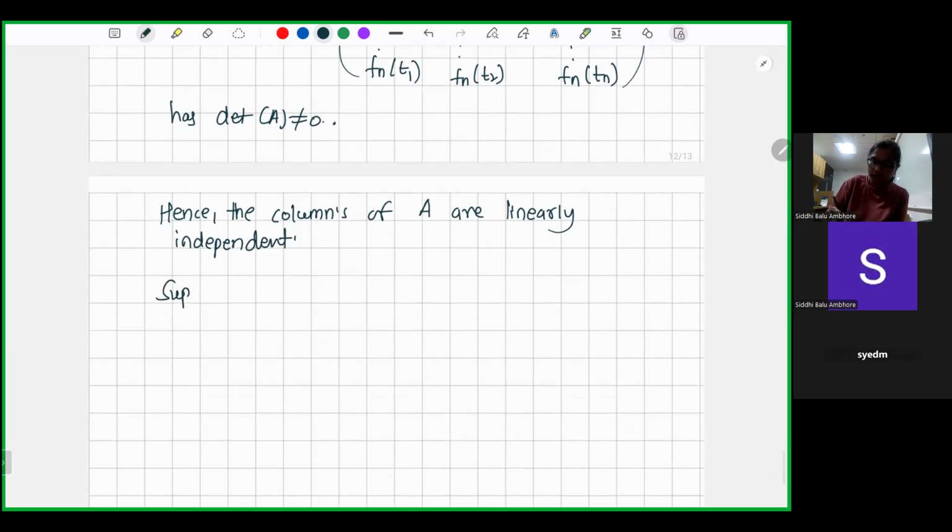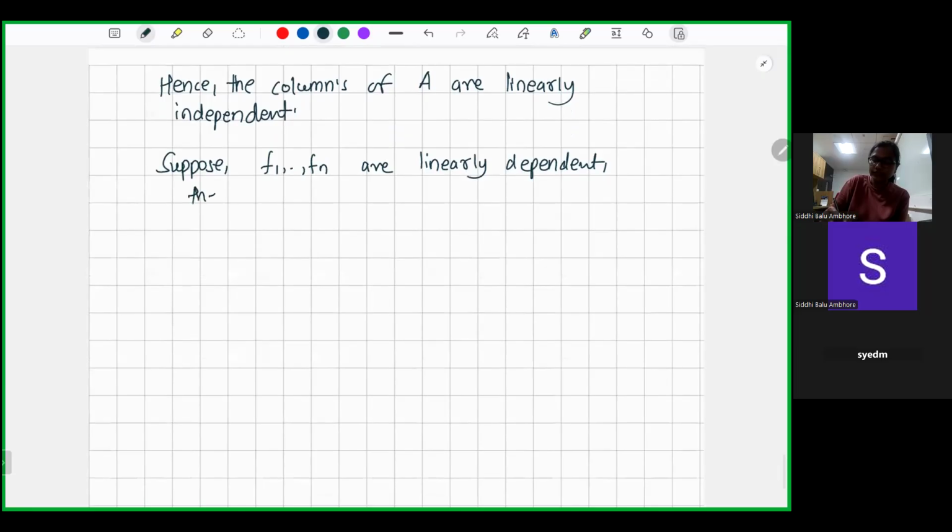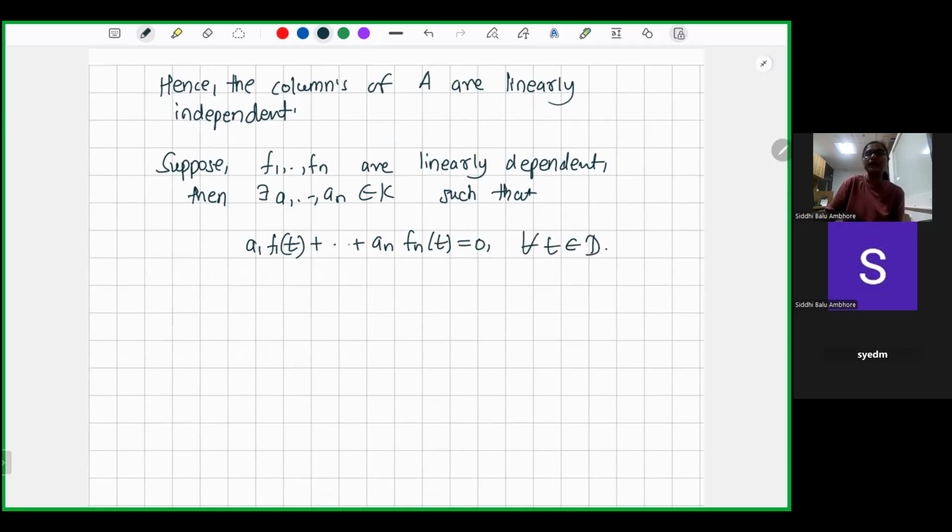And then suppose F1 to Fn are linearly dependent. Then there exist A1 to An in K such that A1 F1(T) plus ... plus An Fn(T) will be zero for all T in D, right?